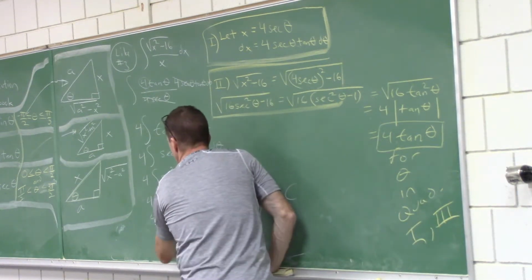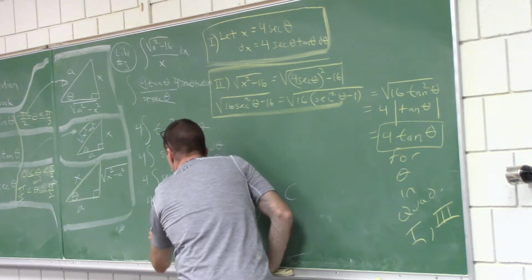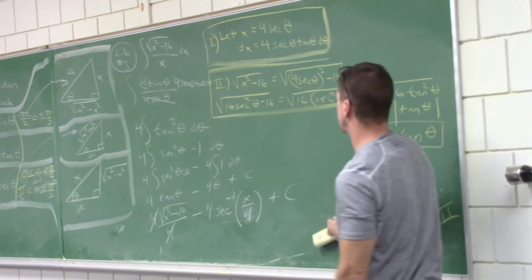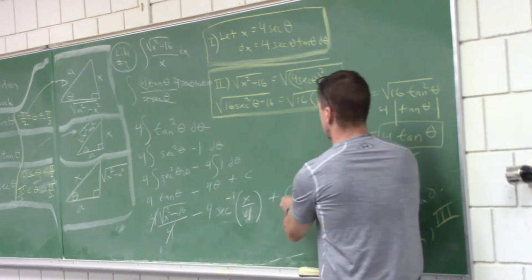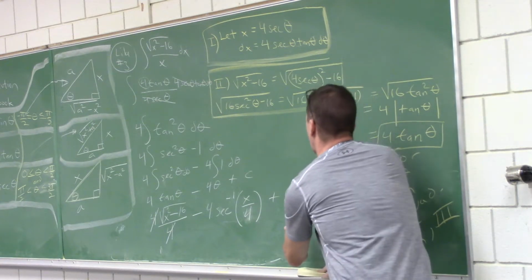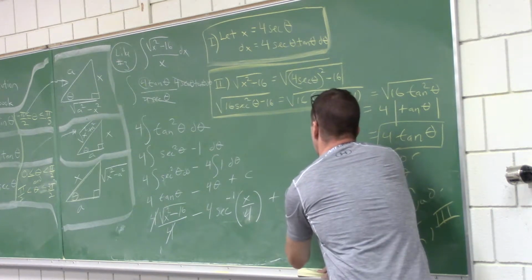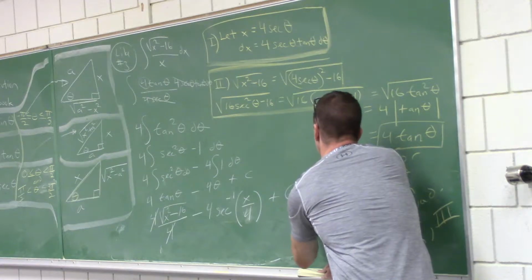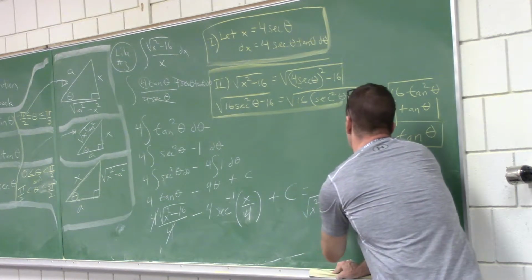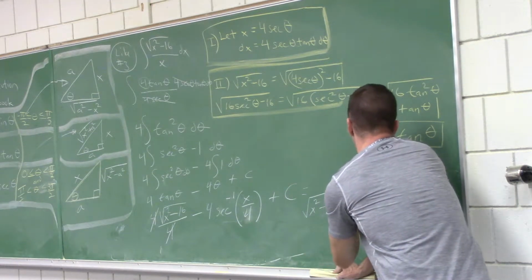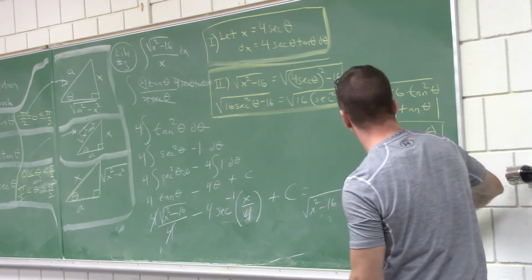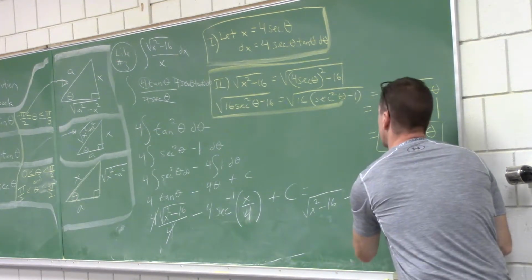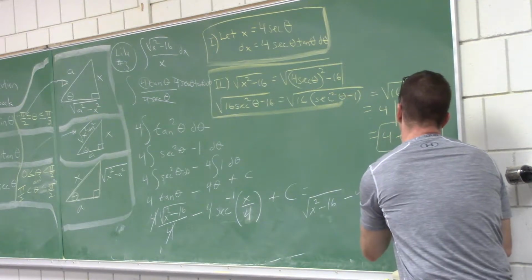What happened with these 4's? So let me write this final answer again. I now have the square root of x squared minus 16 minus 4 inverse secant of x over 4.